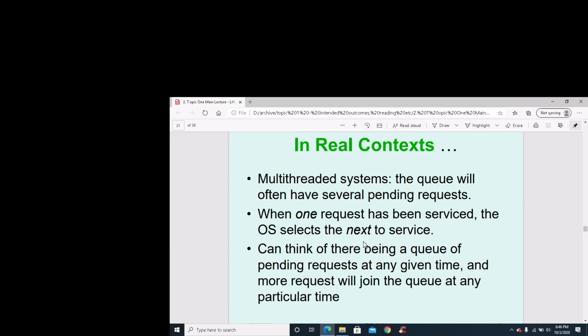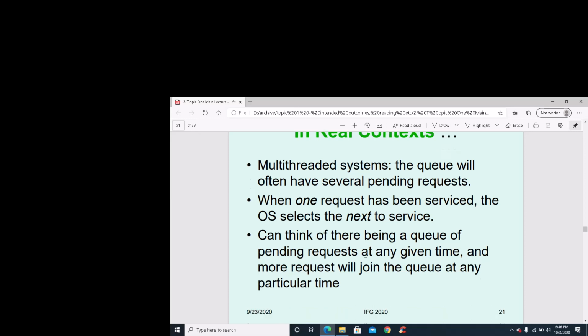I mean, maybe you've actually got a third window which contains a Word document, and you're busy doing that. Okay, so you can think of there being a queue of pending requests at any given time, and more requests are likely to join this queue at any particular time.